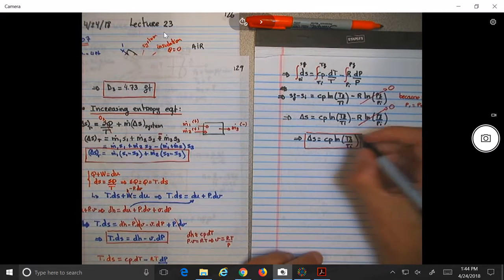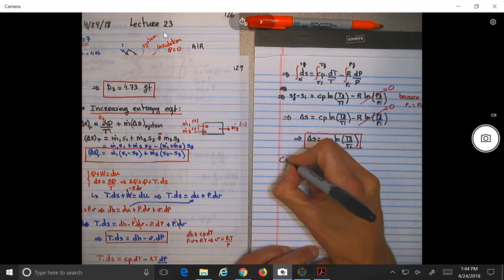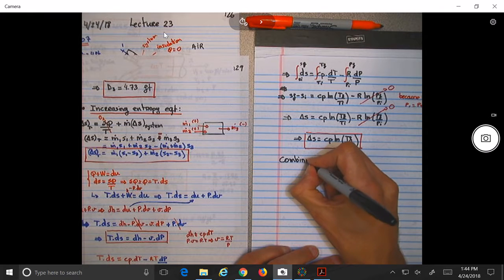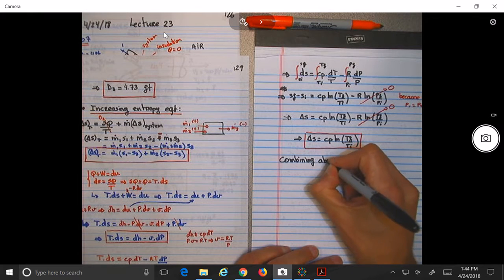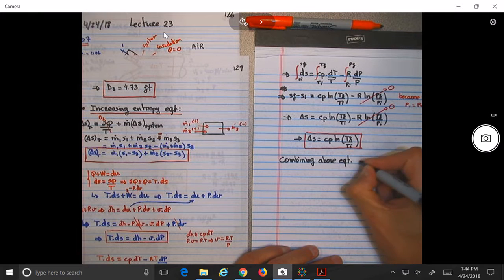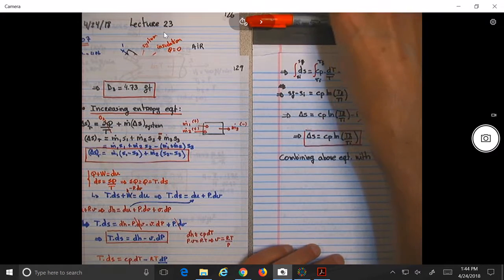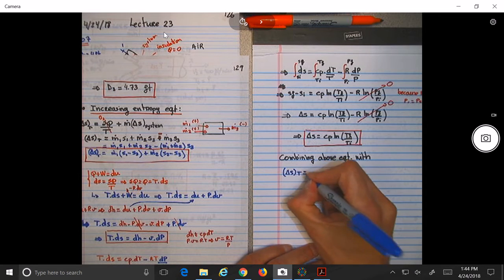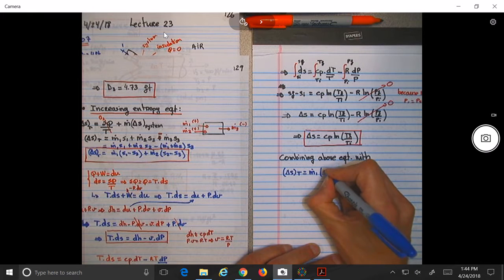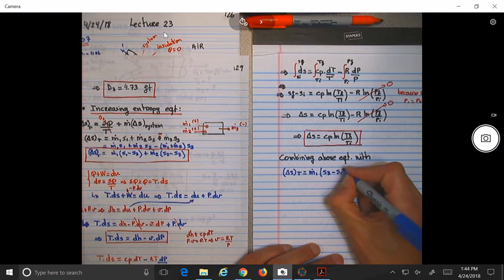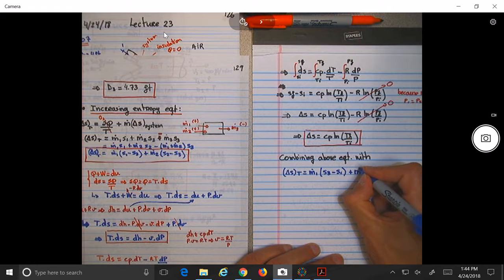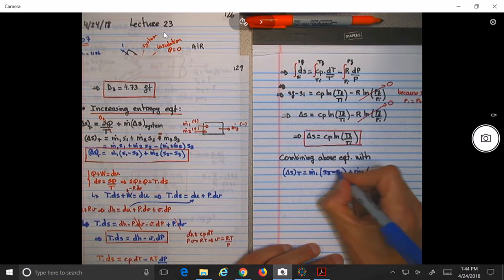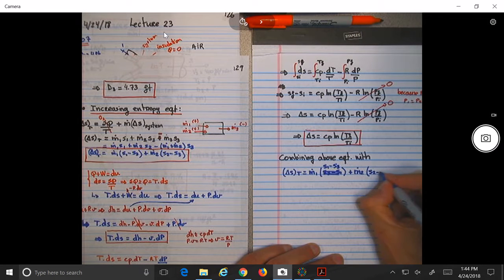So now, combining the above equation with the one we just used before, the total change in entropy equals m dot 1 (S3 minus S1) plus m dot 2 (S2 minus S3), sorry, S1 minus S3, S2 minus S3.